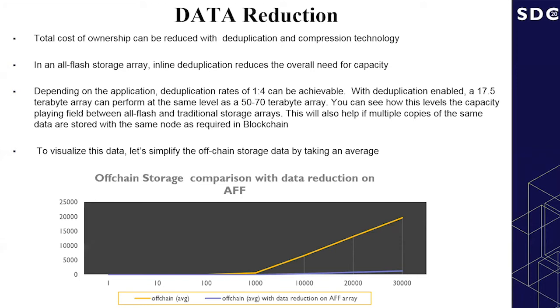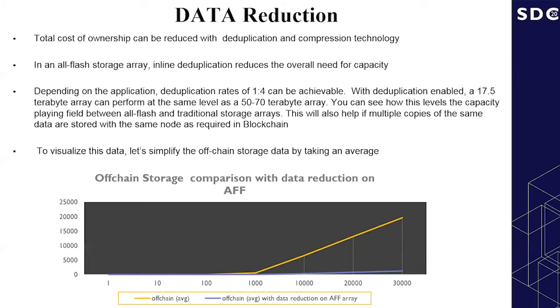This will also help if multiple copies of the same data are stored within the same node, as is the requirement in the blockchain, particularly the off-chain storage of the blockchain. The blockchain data will have a lot of duplicate data.